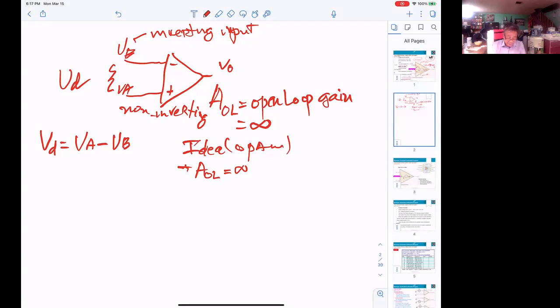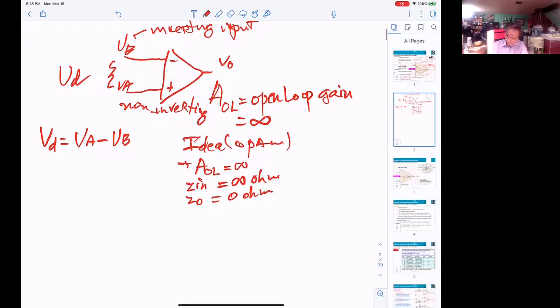And they want the input impedance to be infinity, and the output impedance to be 0. That's what they want. And they want VD equal to VA minus VB to be equal to 0.